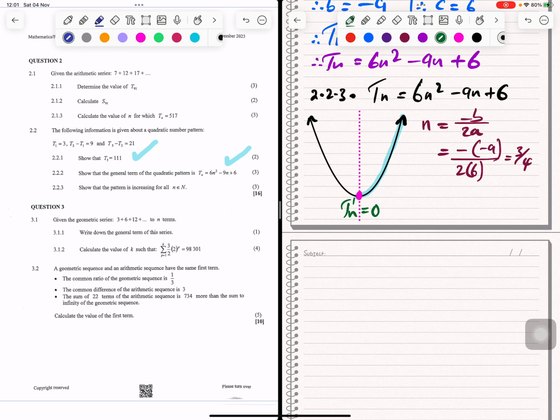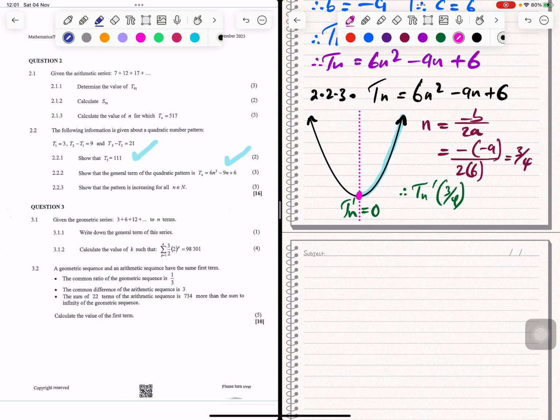Now, check my approach. I'm going to say that therefore, Tn, the derivative at this point, but the point that I have is the axis of symmetry, which is 3 over 4. Okay, so I need to show that this value here is going to be positive. So let's find the derivative of this particular situation. How do you find that derivative?